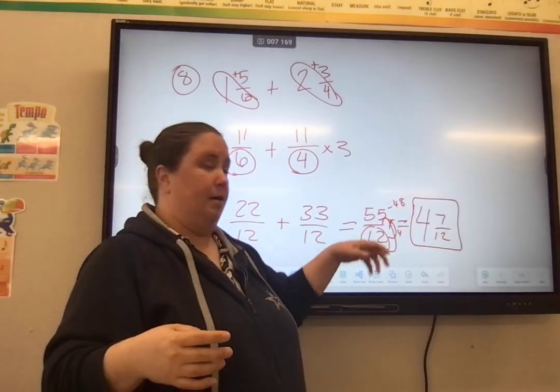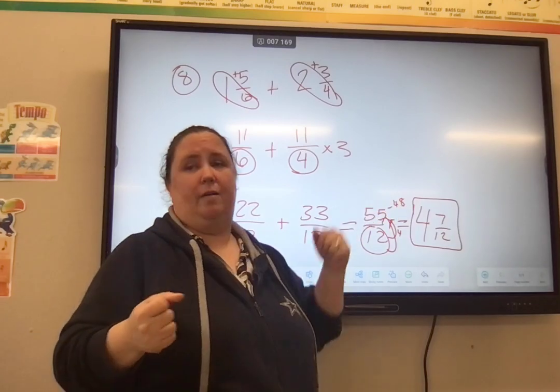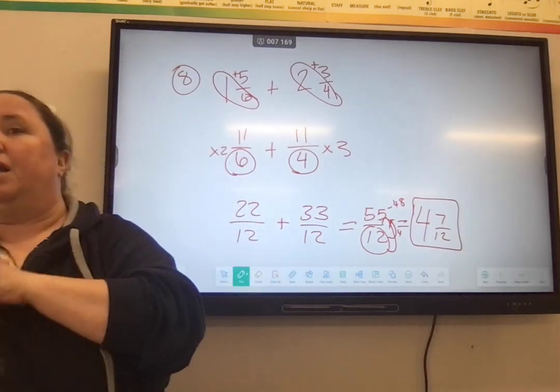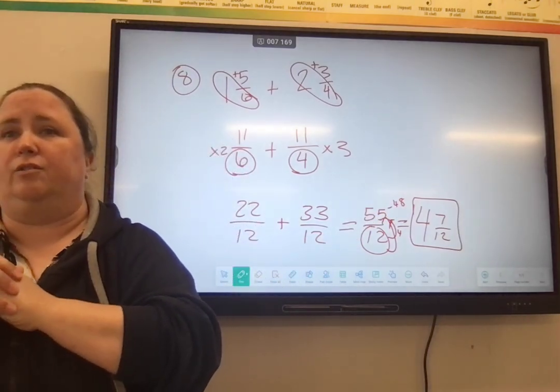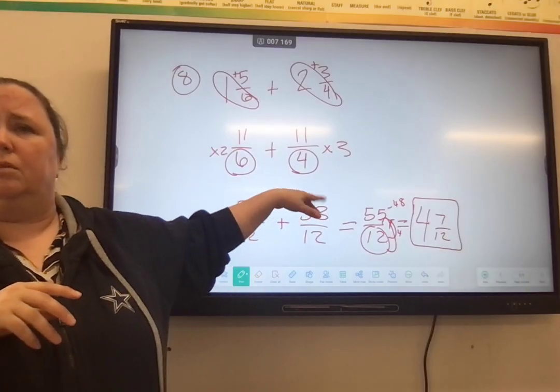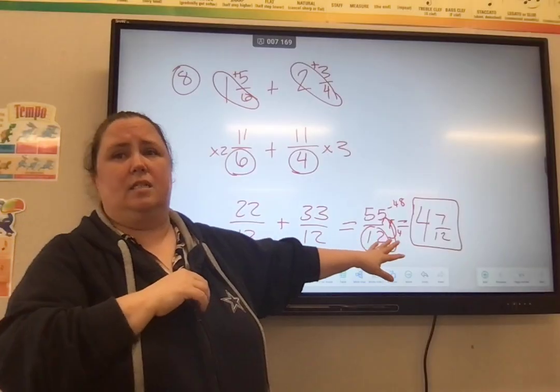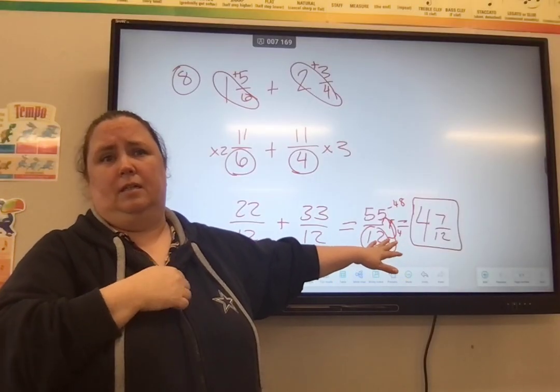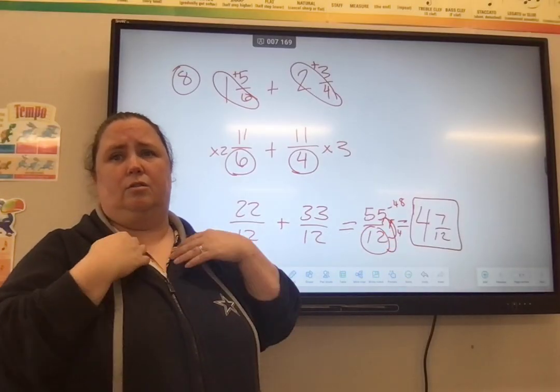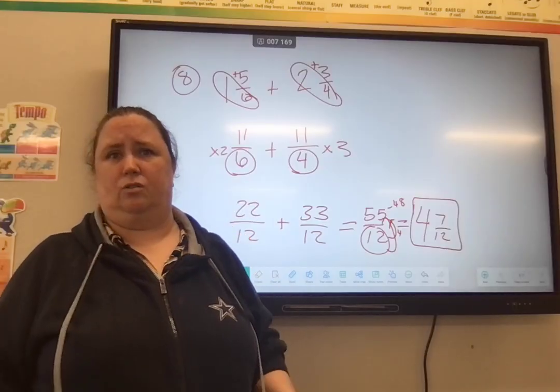So then I go 4 times 12 to know it's 48, and I do 55 minus 48. But other than that, I really don't want you to use your calculator to do this, okay? If you want to do some little multiplication like that just to make it faster, that's fine, but I really want to see these steps on your paper. I need to know you know how to do this. Trust me, I'm saving your life when you get to high school.